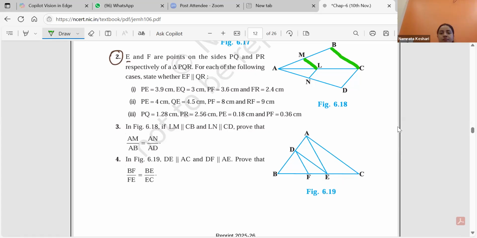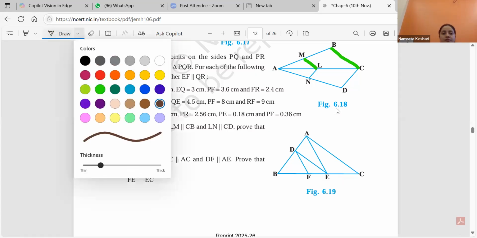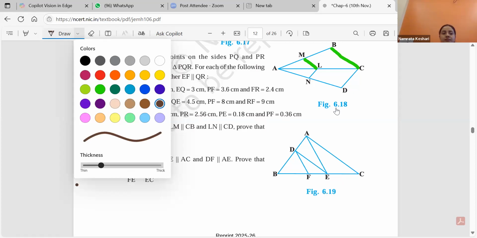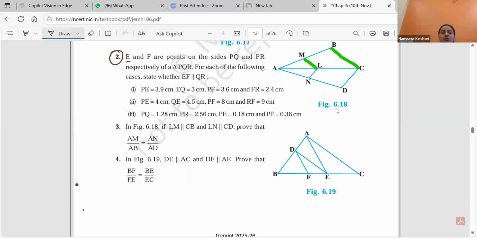Can you see these two green color lines? On the basis of these two green color lines, which triangle can we take, so that we have this type of condition, that there is a triangle and there is a line DE parallel to the side BC?